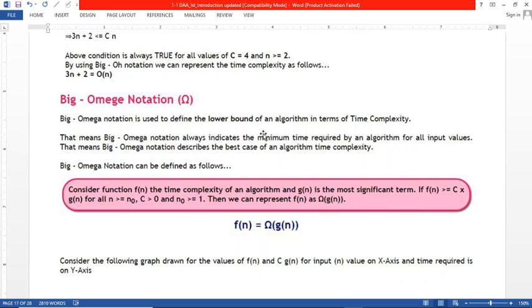Big omega notation always indicates the minimum time required by an algorithm for all input values. That means big omega notation describes the best case of algorithm time complexity.